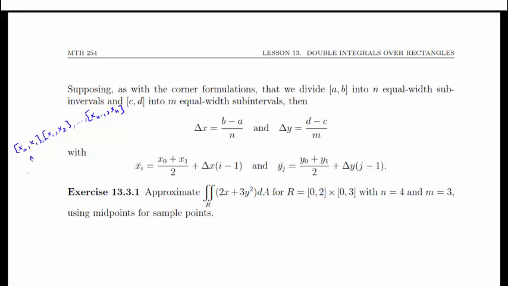Then the midpoint is going to be x naught plus 1/2 delta x. So if i is 1, my x sub 1 bar is the midpoint between x naught and x1. If I plug in 1 for i I get no delta x's, and I just get x0 plus x1 divided by 2, the average of those two.